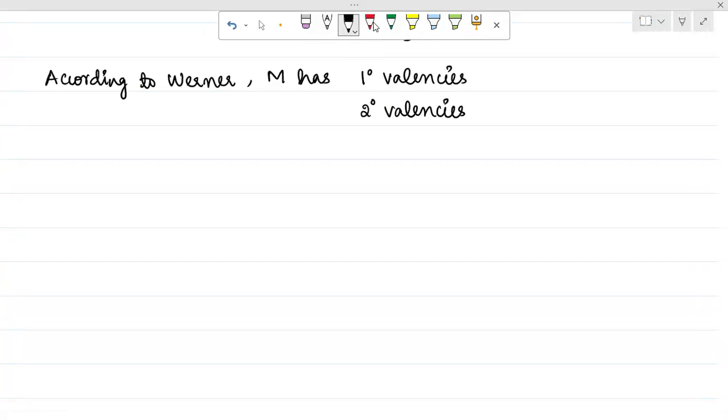This primary valency is otherwise called the oxidation state of the metal, and secondary valency corresponds to the coordination number.